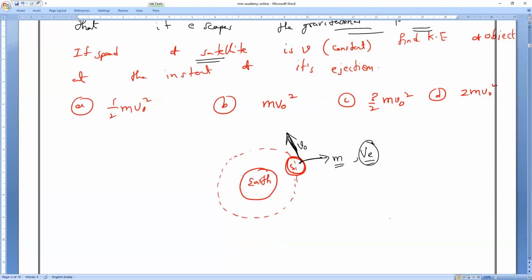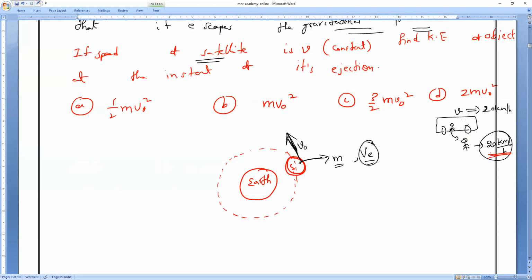This is a very simple concept. For example, if I am traveling in a bus with a speed of, let me take, 20 kilometers per hour, and at that moment I jump from the bus and fall onto the road, my speed also is the same 20 kilometers per hour. Whatever the speed of the bus, the same speed for me also.